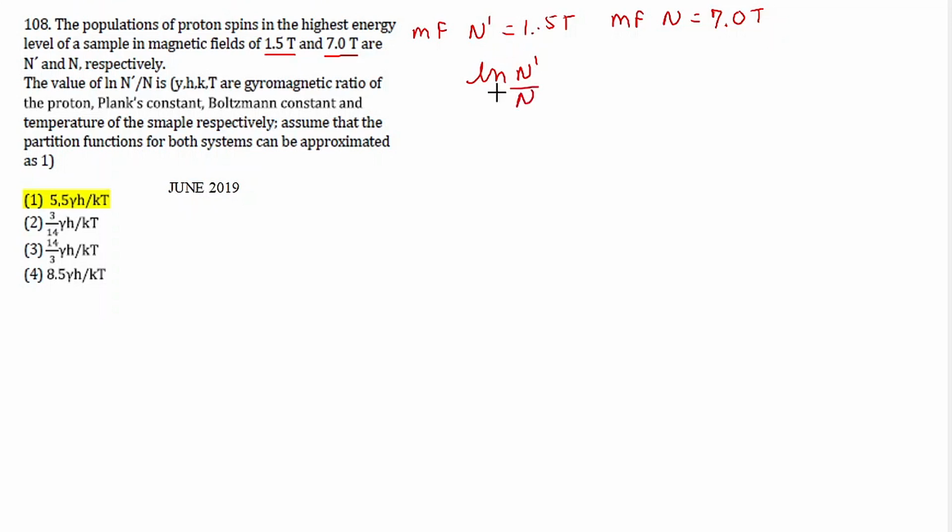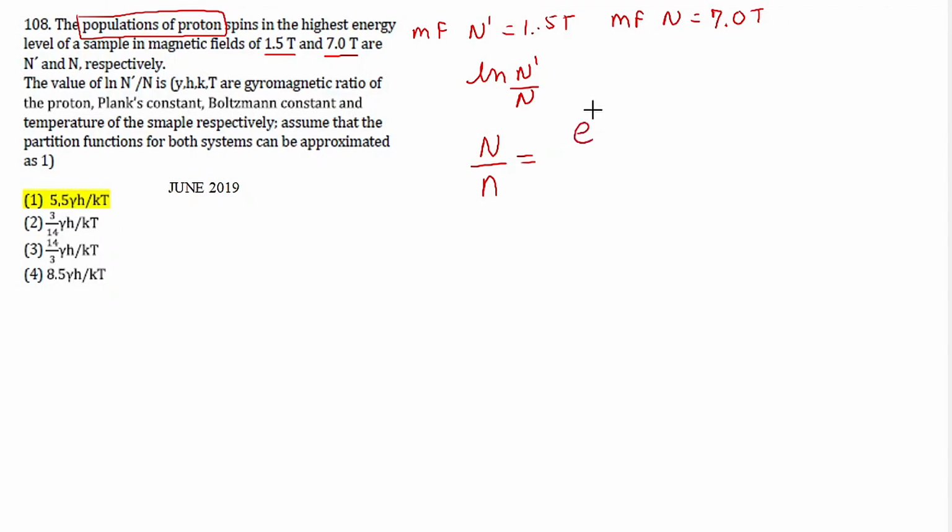We have to find this ratio. According to the Boltzmann equation, n upon N, where N is the total number of particles and n is the number of particles in the given state, and here the degeneracy is the same, so we are not taking the degeneracy.